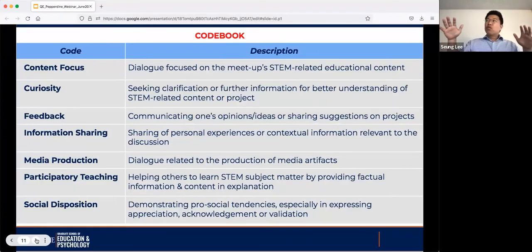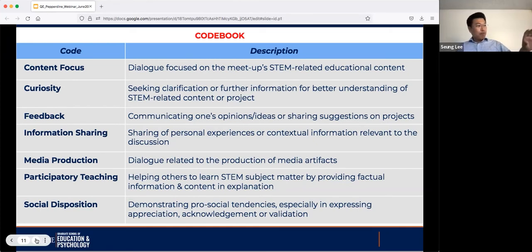And by analyzing the massive amounts of transcripts that we have, this is one of the code books that we've come up with to analyze this discourse data from the students. This particular code book includes 7 codes.